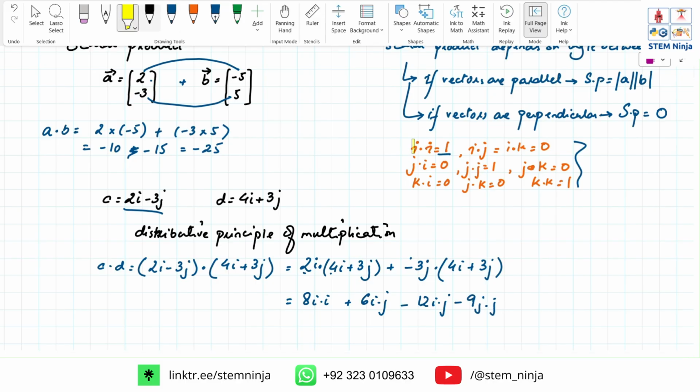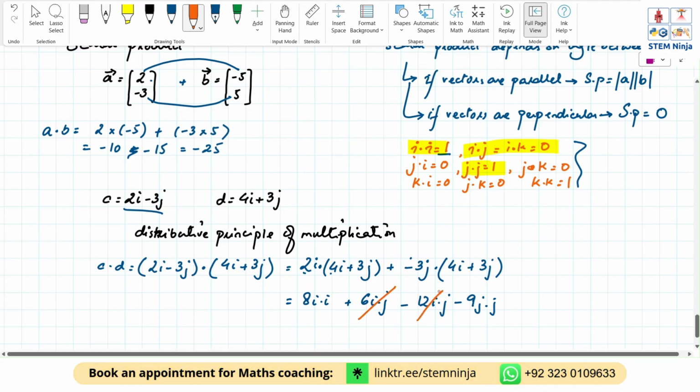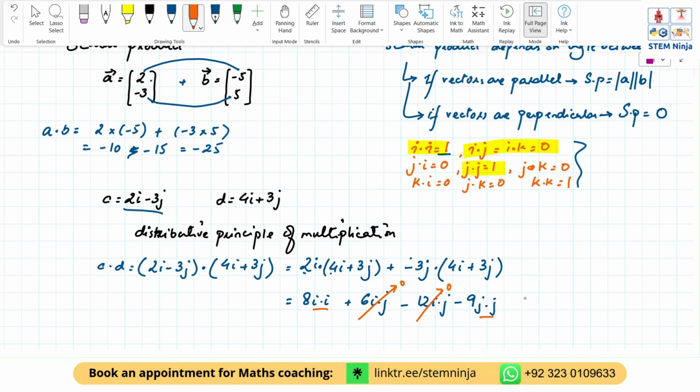Now notice that i dot i and j dot j have values of 1, but i dot j or any other vector combination would be 0. So these components would be 0, and i dot i and j dot j have values 1. So you will get 8 minus 9 equals minus 1.